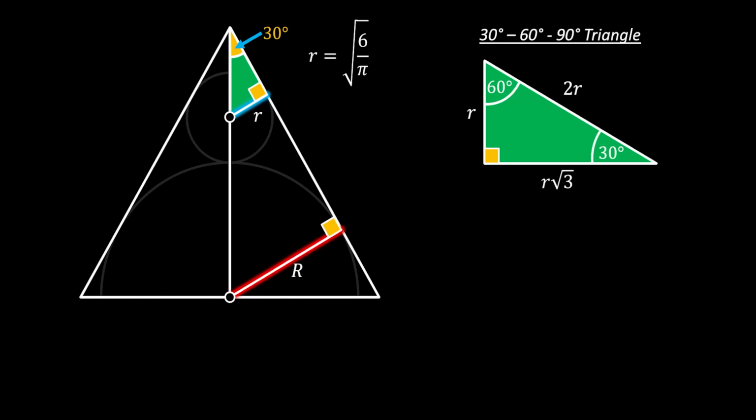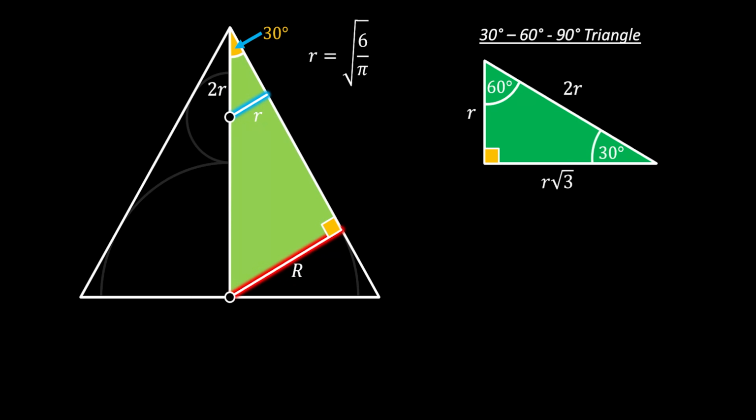So the side between the angles of 60 and 30 degrees must be equal to 2r, and this is also the hypotenuse of this triangle. Now the same thing applies for this big green triangle with the side of capital R. Since this is a similar triangle to our previous one, the hypotenuse must be 2 times capital R.